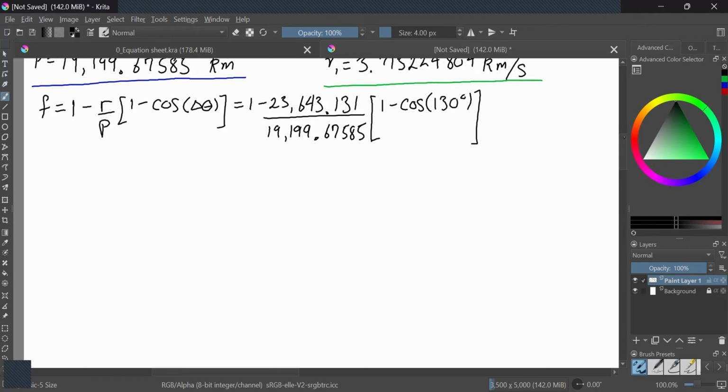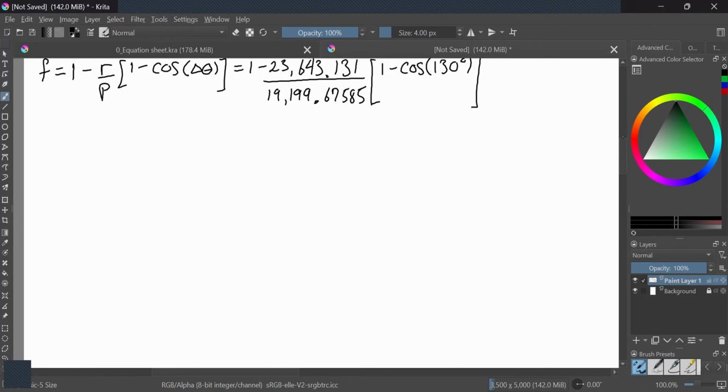So I'm going to do this slightly differently, and we'll see just how far off I was. Anyway, now we're going to have F equals minus 1.022984292. All right, so we have our F value.